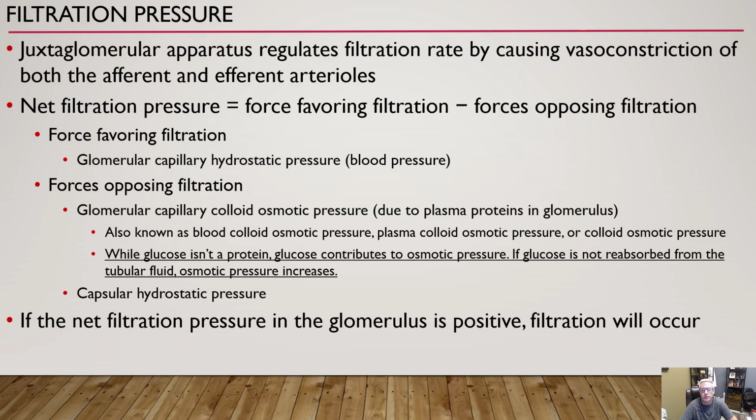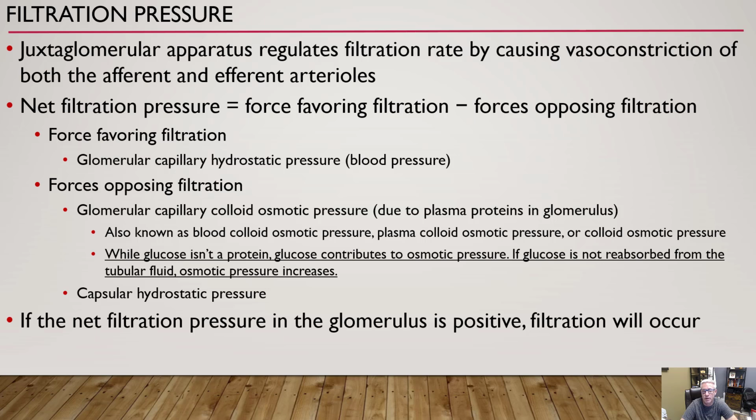And this goes back to the 20 liters and the 17 liters. Remember that the same concept applies. Forces favoring filtration is your hydrostatic pressure, and forces opposing filtration is your osmotic pressure, or protein pressure, or colloid osmotic pressure, whatever you want to call it. Forces that oppose filtration include the glomerular capillary colloid osmotic pressure.